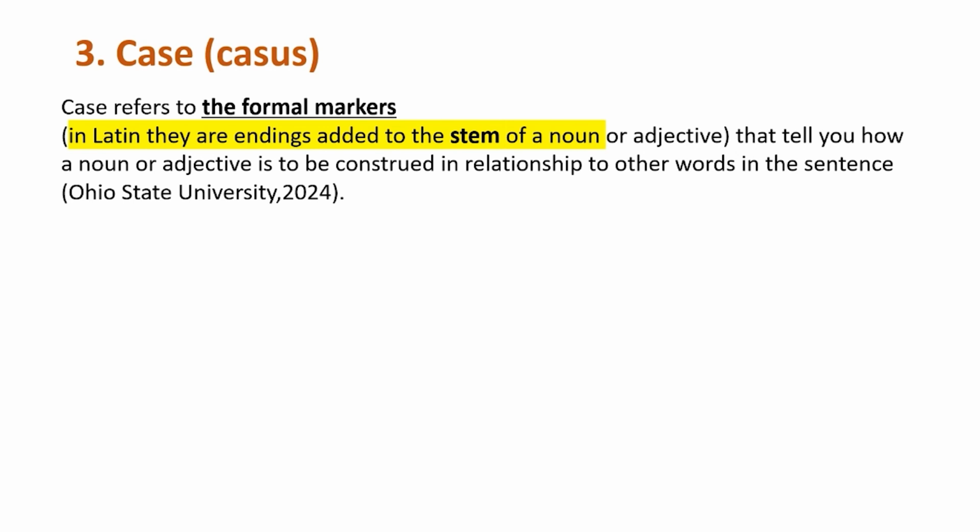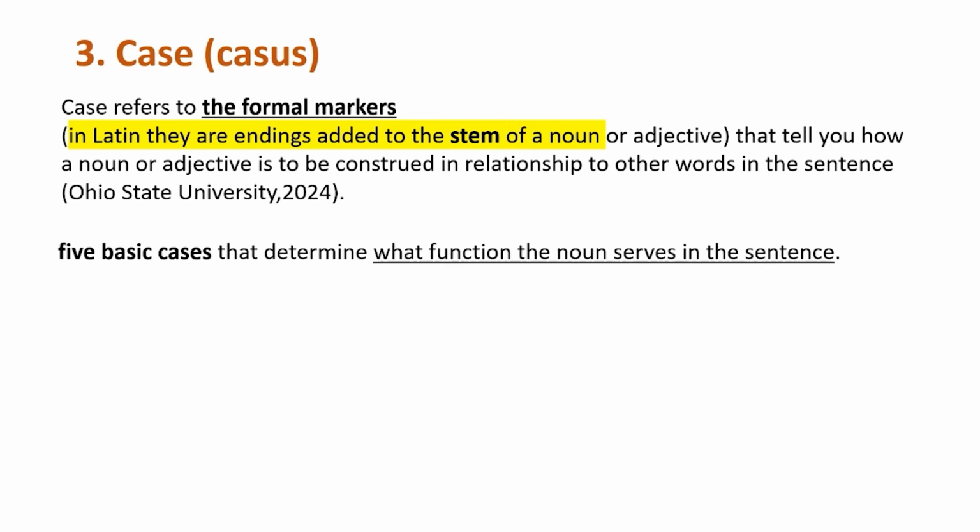So what does it do? It tells us how a noun or adjective is to be construed in relationship to the other words in the sentence. So it gives us that idea. The main function is what the noun serves.